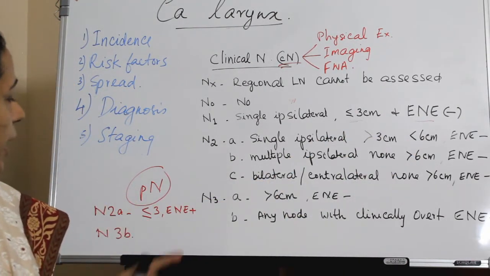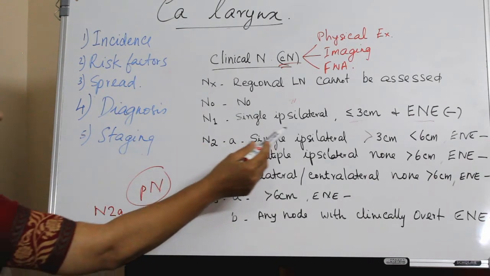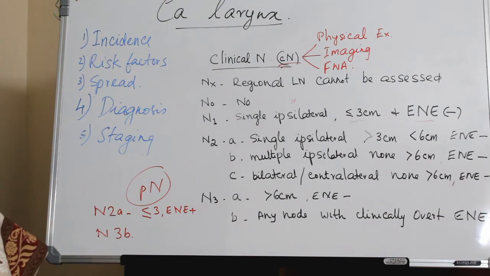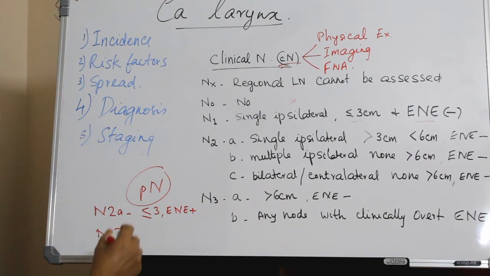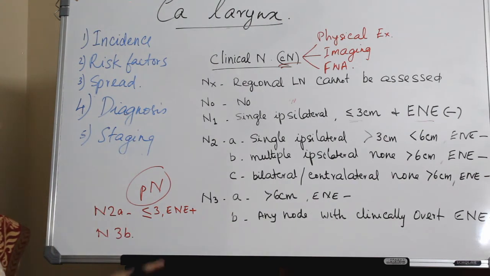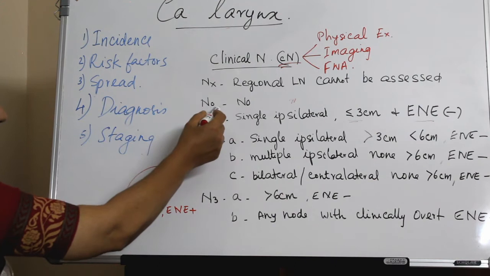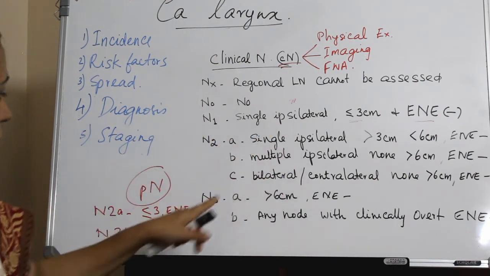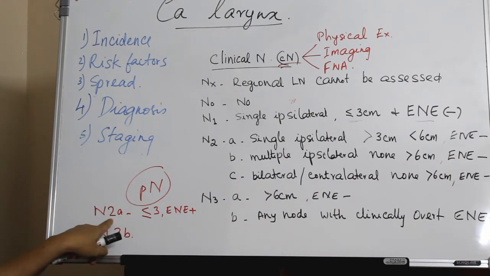And if there is a single ipsilateral lymph node of less than 3 cm and there is extranodal extension, it is taken as N2A in pathological nodal status. So NX, N0 and N1 are the same in both. If there is extranodal extension, then it becomes N2A.